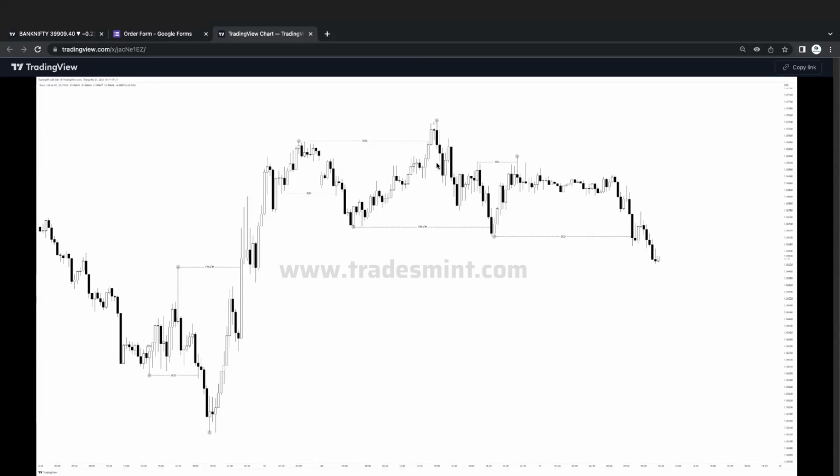Okay, inducement, CHoCH, and BOS, correct. And this was an inducement, change of character, inducement. Okay, perfect. And this is a new inducement. Continue higher, push downside. This becomes our lower low and lower high, and this becomes our break of structure, correct.